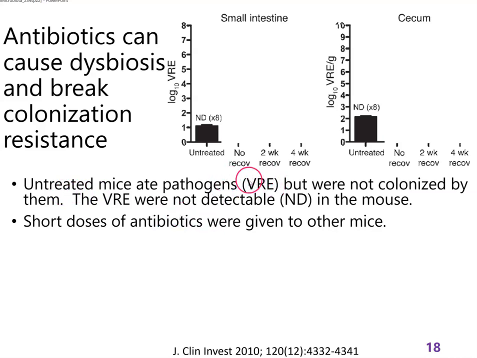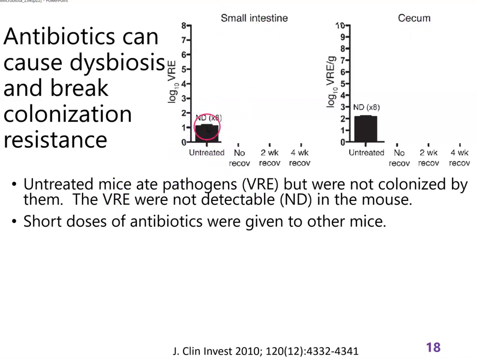Don't worry about what it is, but it's a gut pathogen. Untreated mice, so right here, were not colonized by those pathogens. So they ate the pathogens, but when the researchers looked in their guts later, in the small intestine or the cecum, those pathogens were not detected in the small intestine or cecum.